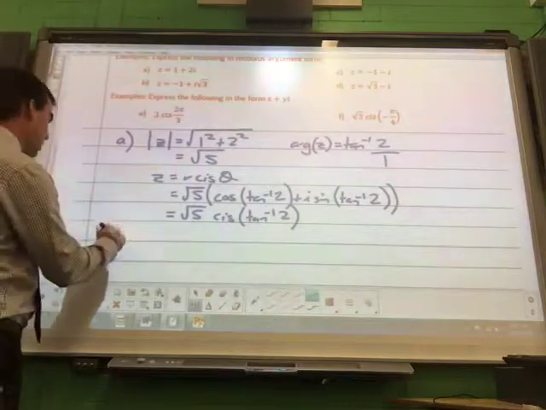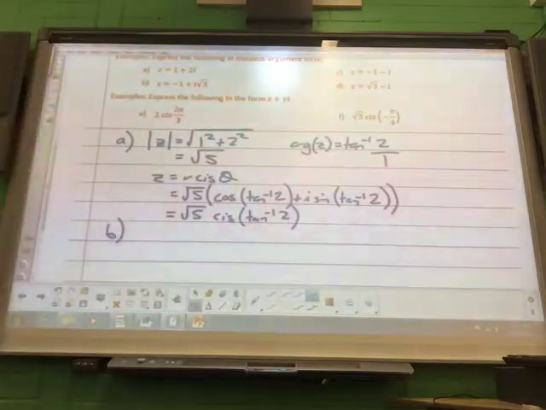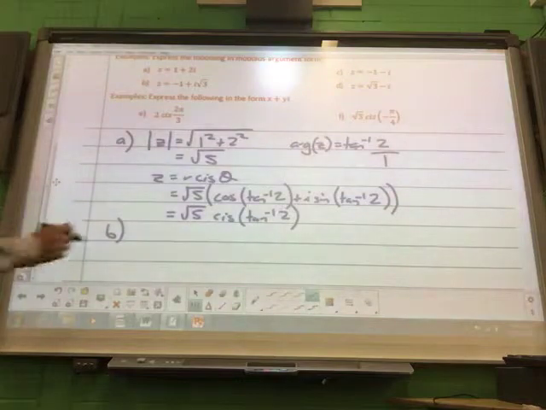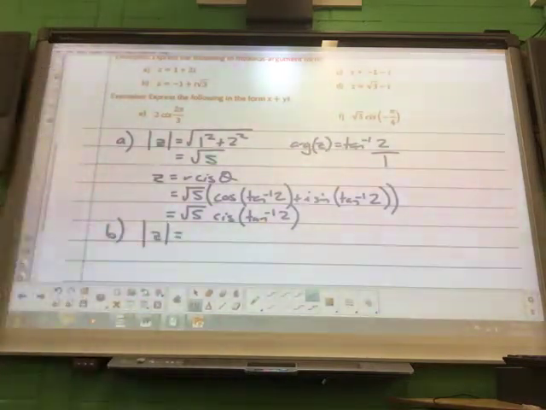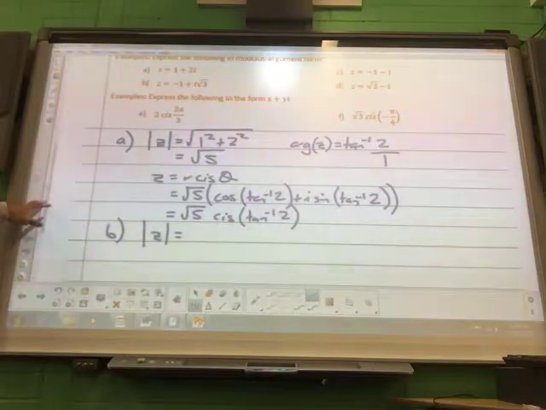Right, B. -1 plus i root 3. Okay, so we need to represent that in modulus argument form. So, modulus: the square root of x squared plus y squared. So x is -1, y is root 3.